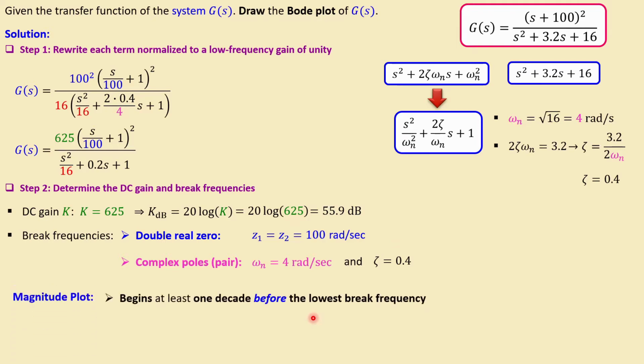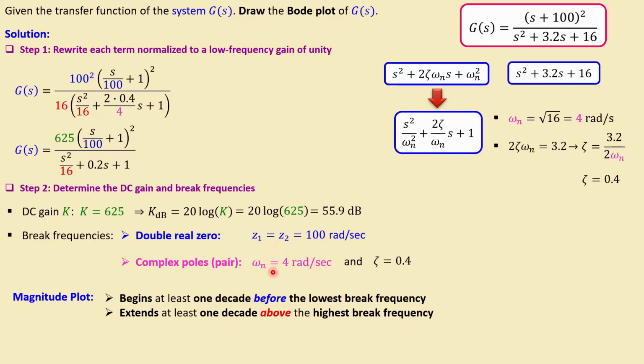Now for our magnitude plot, we need a lowest and a highest limit for our frequency range. It begins at least 1 decade before the lowest frequency we have, and extends at least 1 decade above the highest frequency we have. What does it mean?